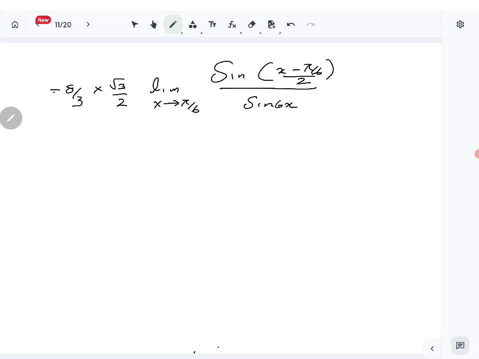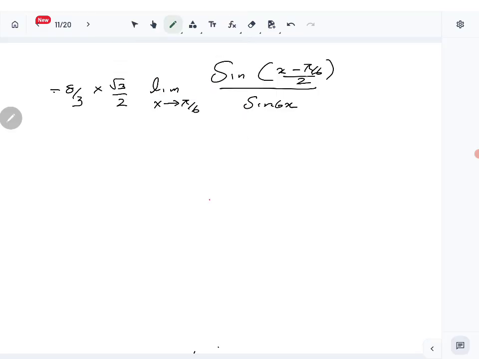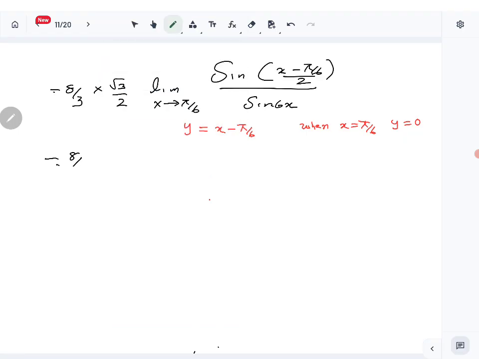Right. Now we can apply that special limit to the last part. To do that, better to do another substitution. Let's do y equals what? x minus pi over 6. So then when x equals pi over 6, y goes to where? y goes to 0. So let's convert this.